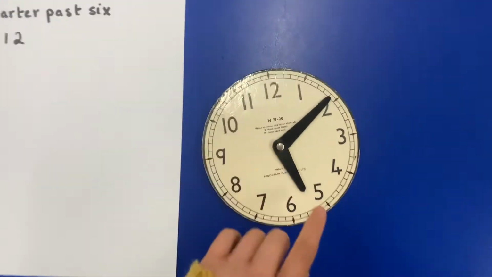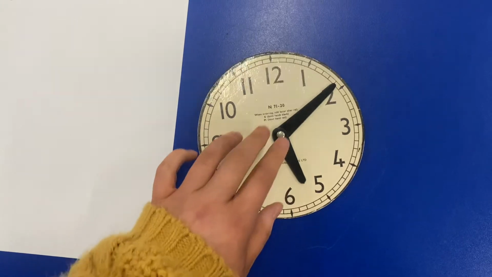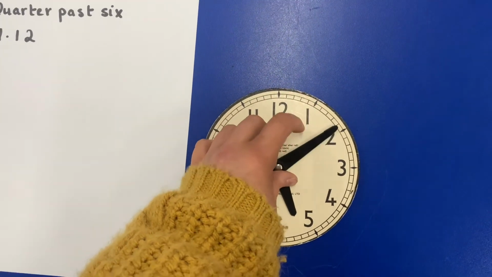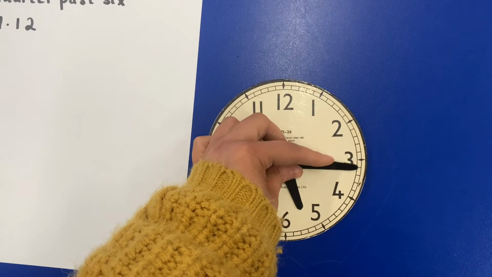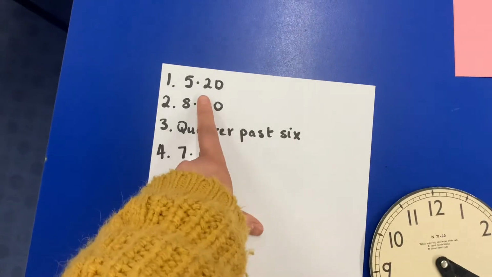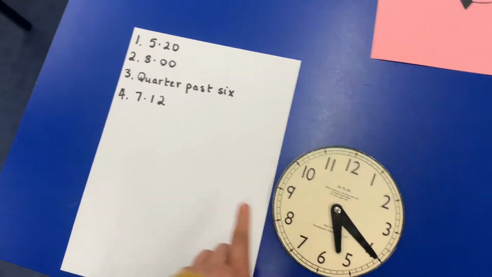So I've put it just slightly past the 5 to show that that's about 20 minutes past on the hour hand. And then my minute hand is currently sitting at 10 past. So I'm going to move it around. That would be quarter past and that would be 20 past. So you can see now that I've managed to make 5:20 or 20 past 5 on my analog clock. Let's look at the next one.